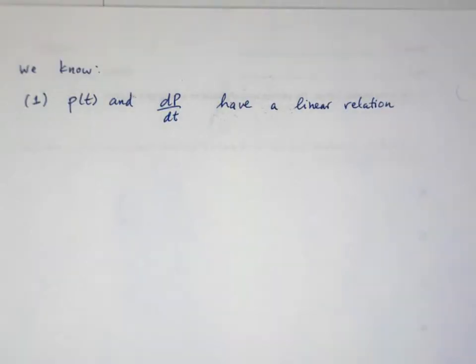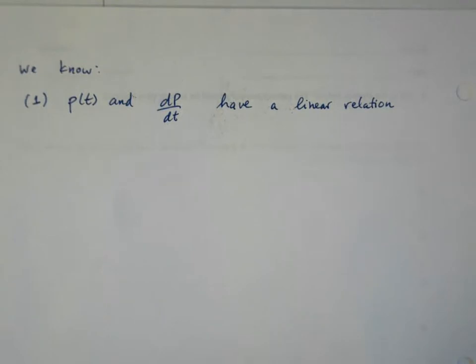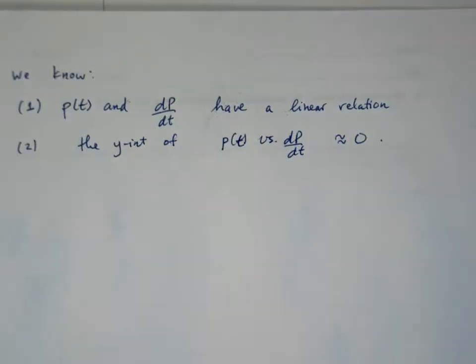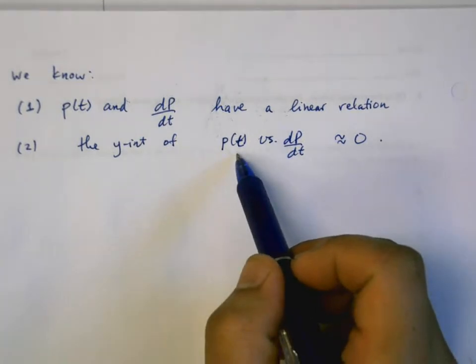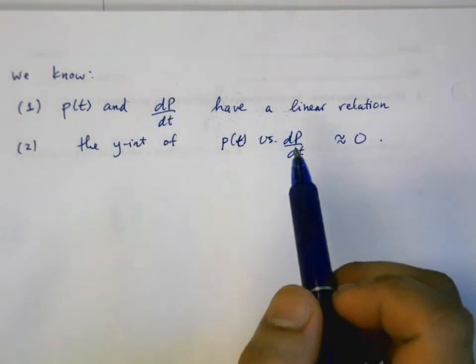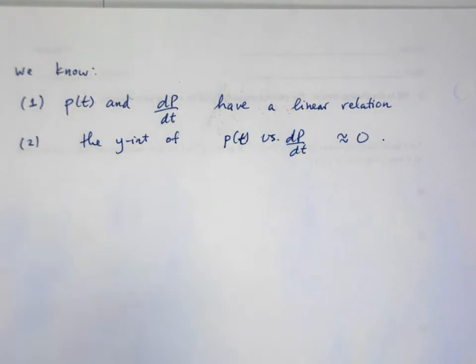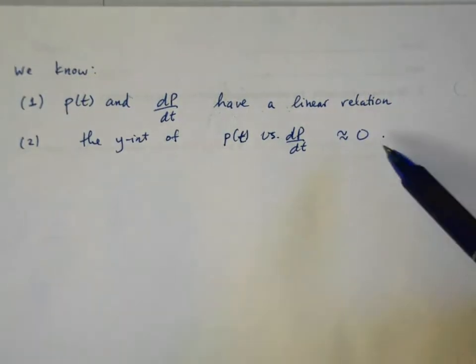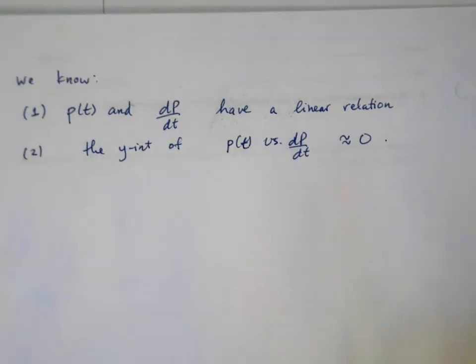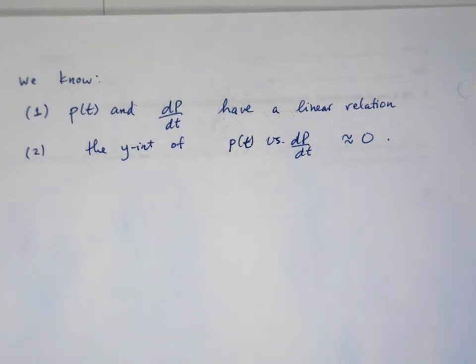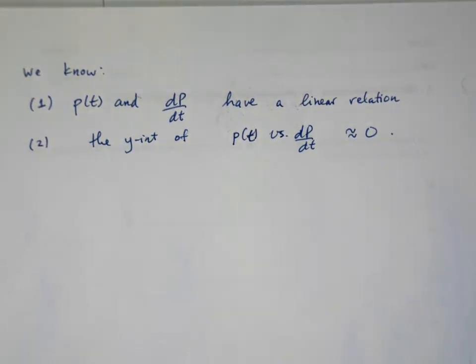It's very, very small. So we can estimate it to be about 0, so that the y-intercept of the graph of P of t versus dP dt is approximately 0. Now I'm going to show you later that it doesn't matter even if this is non-zero, but for this problem, let's just approach it as though it was almost 0.